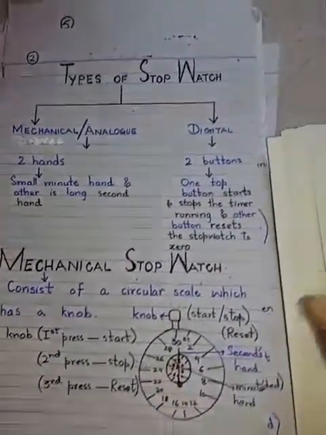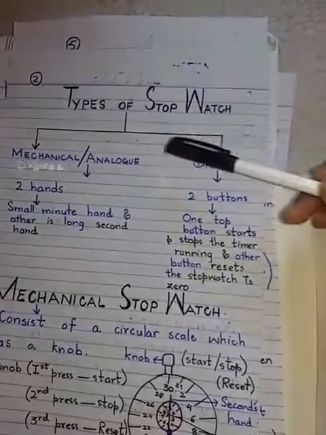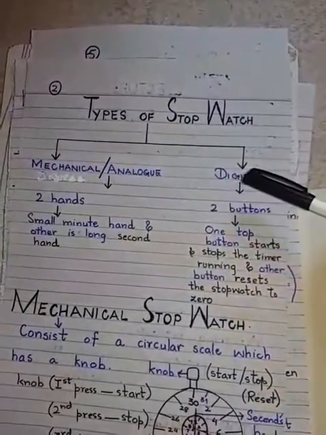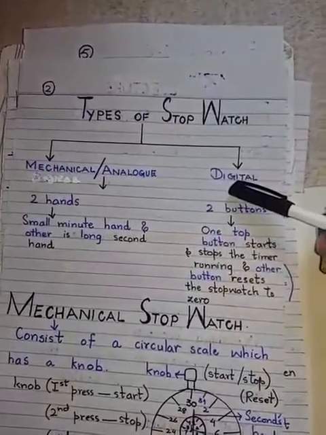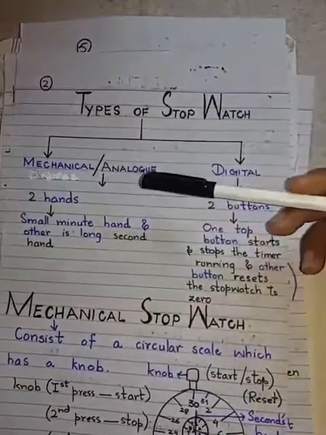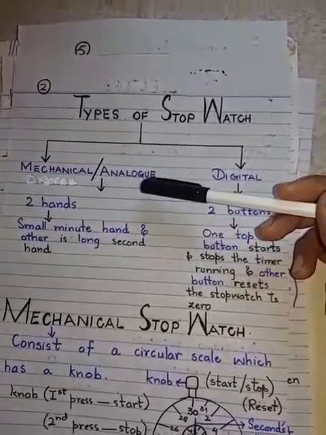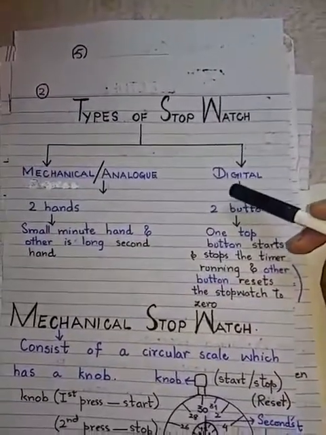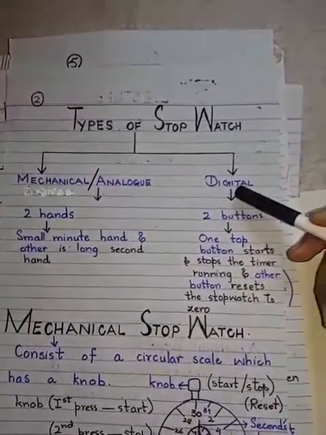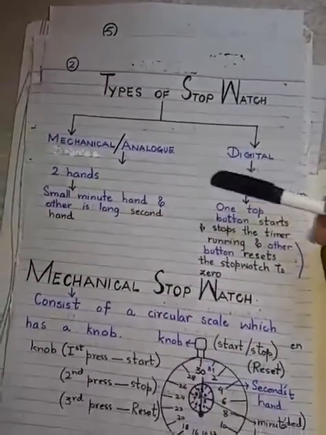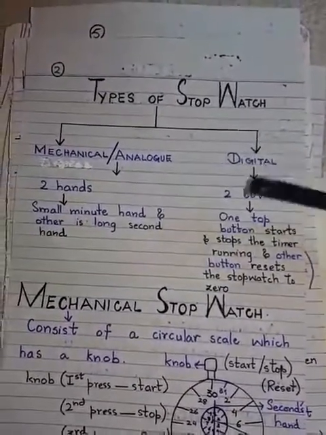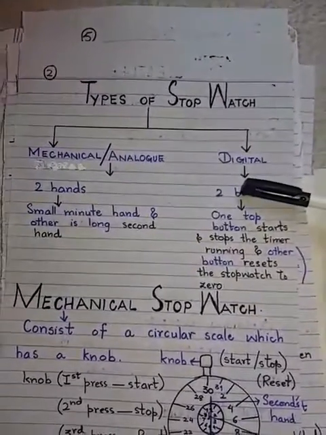Girls, there are two types of stopwatch. One is known as the mechanical stopwatch, which is also known as the analog stopwatch, and the second is known as the digital stopwatch. First I will tell you about the mechanical stopwatch, and then we will discuss the digital stopwatch.